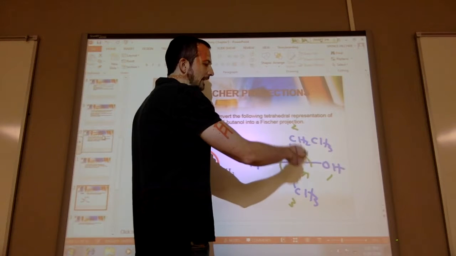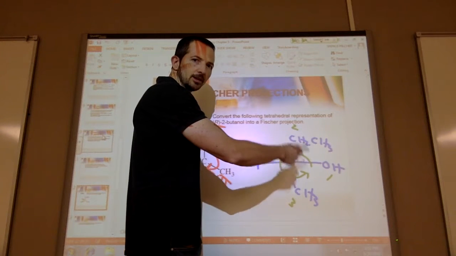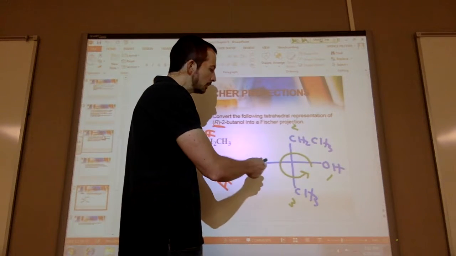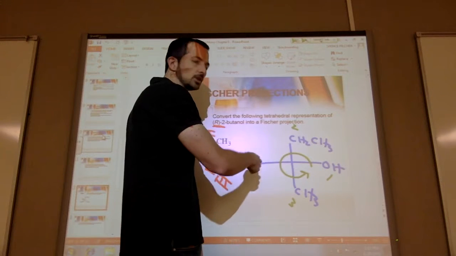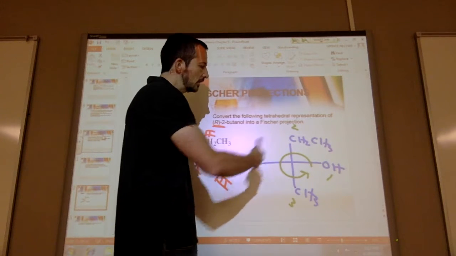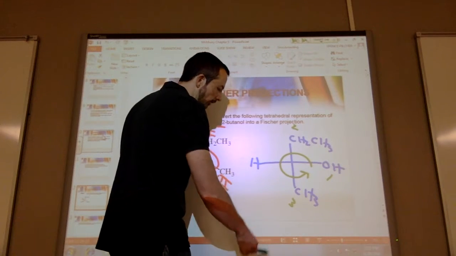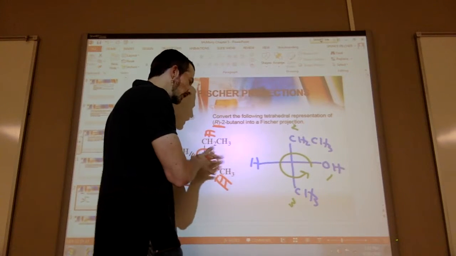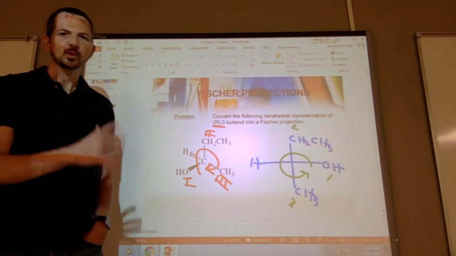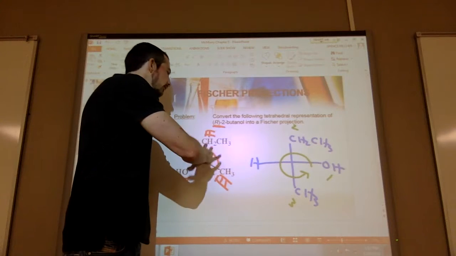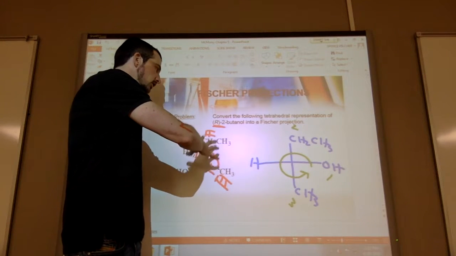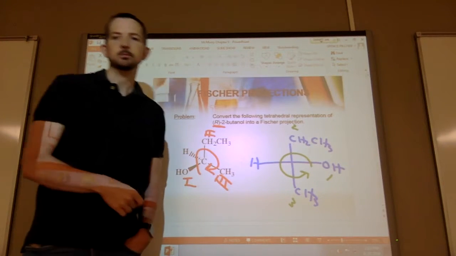This one, I get a counterclockwise rotation, which is normally S, but remember, it's a Fischer projection, H coming out, so it's R. So since they're both R, they're the exact same thing. So that is a Fischer projection for that molecule. There are other Fischer projections showing R-2-butanol, but that's one of them.